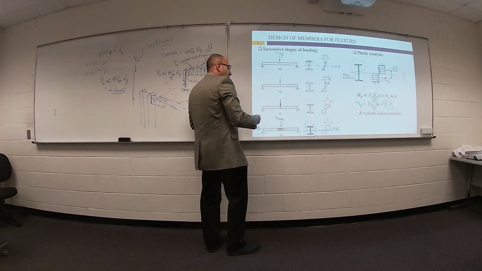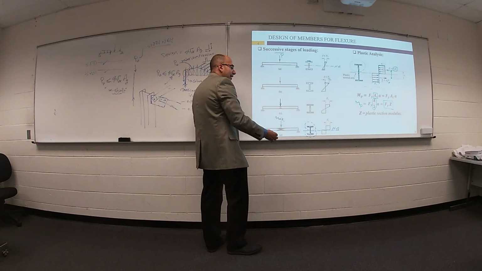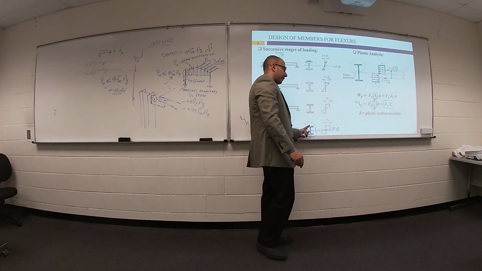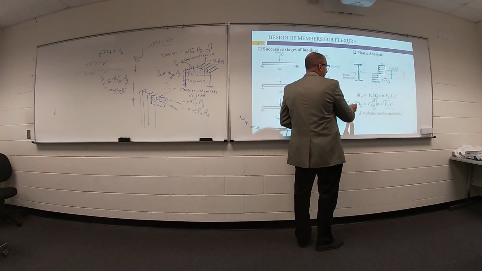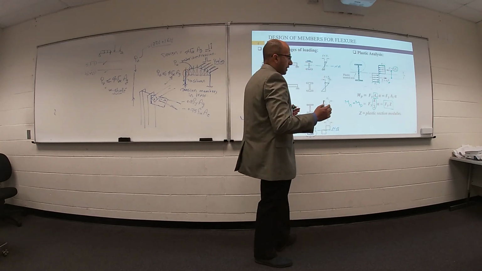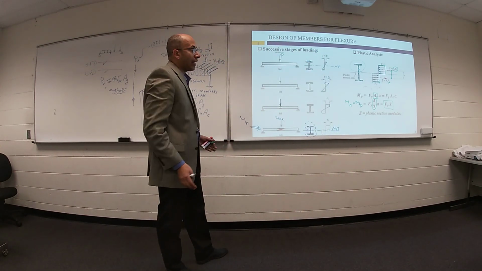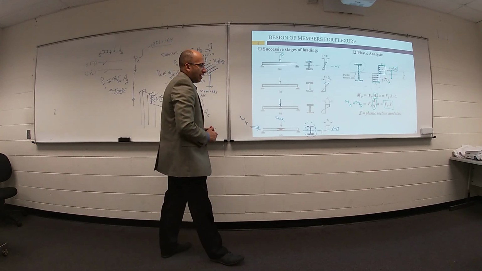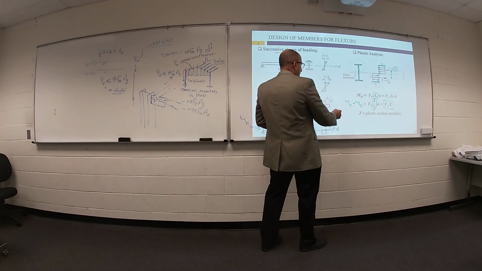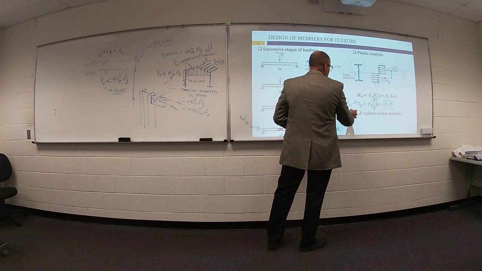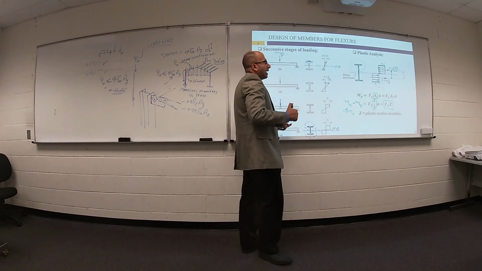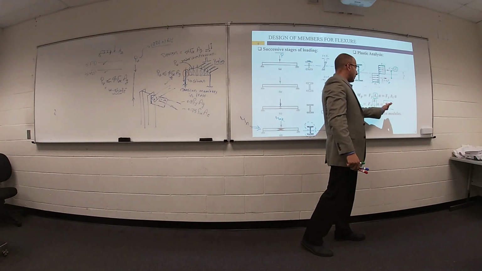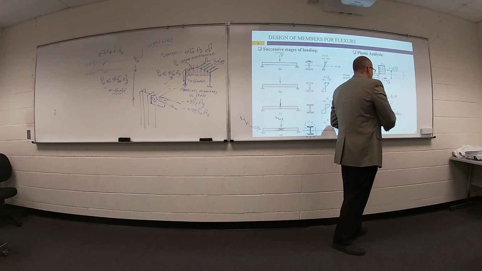Plastic means the whole cross section reaches yielding. This M plastic will be the same as Mn, nominal moment. This is the maximum. We cannot exceed this limit. Then if you add phi to Mn, you can get your design moment. So the key in designing beam in steel is this term, Zx.